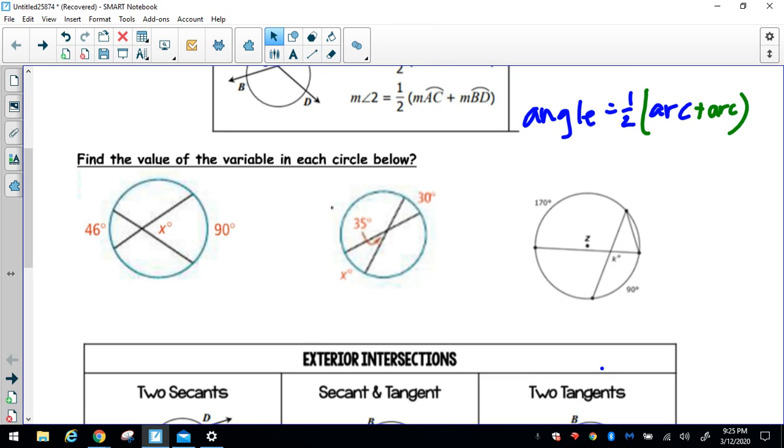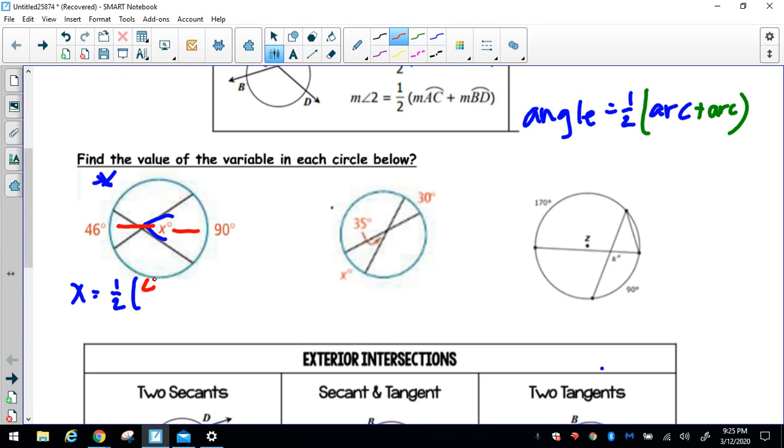So right here in this first one, we're trying to solve for x. There's x, that's an angle. So we're going to do x equals, and then it's going to be a half. And then I need the two arcs that are across from x either direction. So one direction is 46, the other direction is 90. So x is half of 46 plus 90.